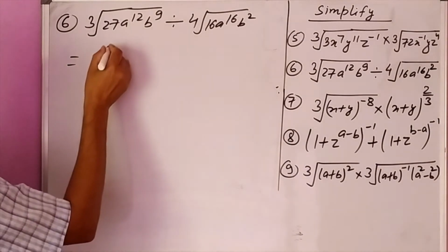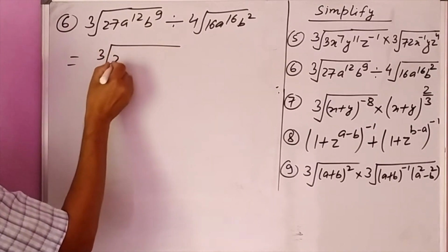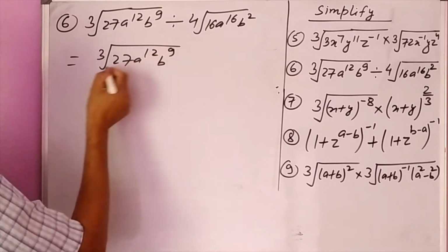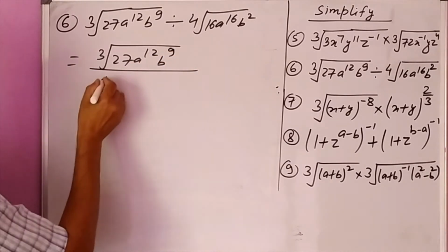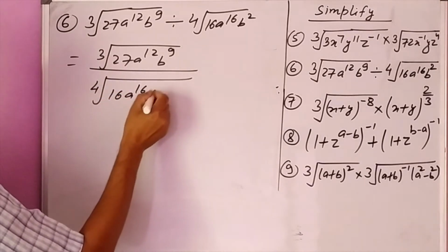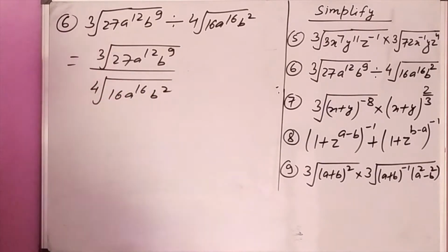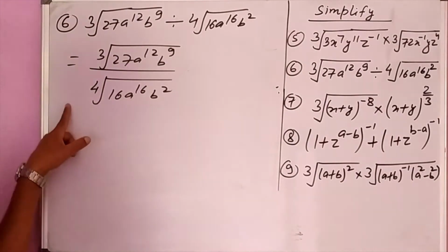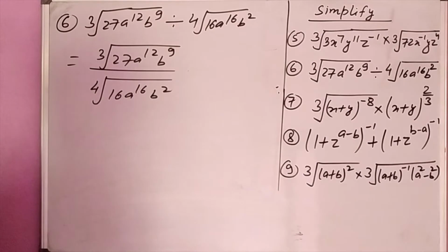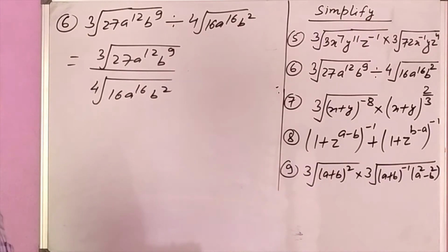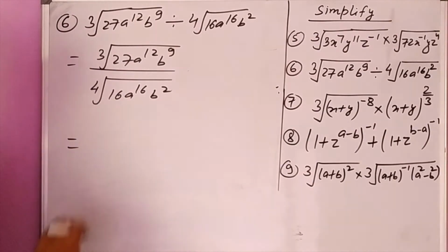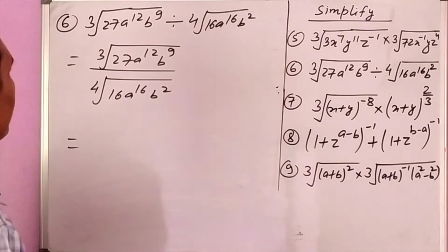However, this simply we can write as a cube root of 27 a power 12 b power 9 whole upon root of order 4 16 a power 16 b square. Here the roots have the different order. Numerator it has the order 3, denominator it has the order 4, so we cannot write within the same root sign. So we have to simplify separately numerator and denominator.